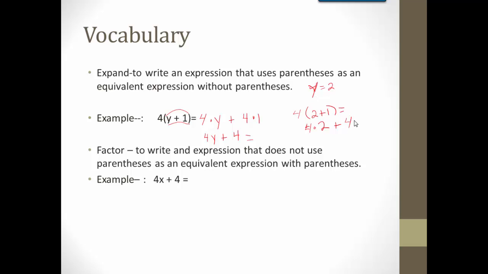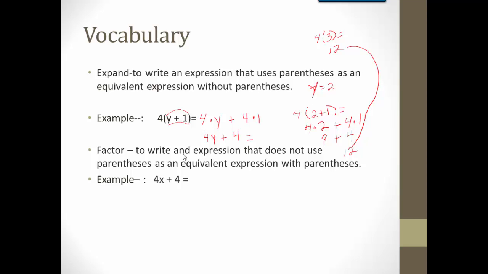Now 4 multiplied by 1. 4 times 2 is 8, plus 4 multiplied by 1 is 4. The answer is 12. If I was just to do it inside the parenthesis, it would be 4 multiplied by 2 plus 1 is 3, which would equal 12. So they both equal 12.